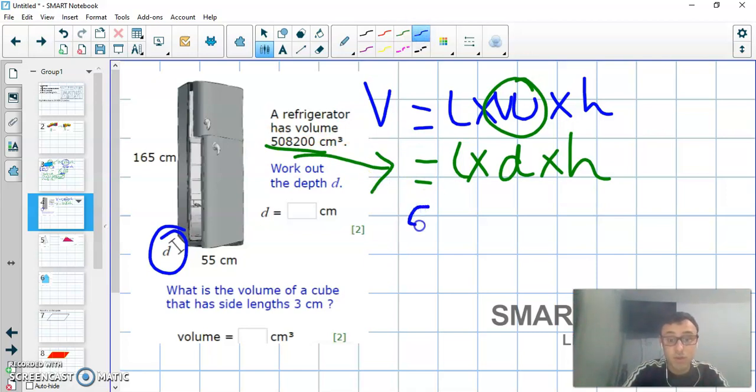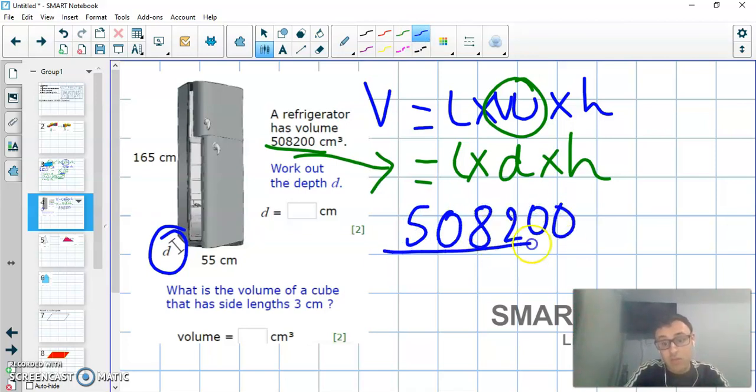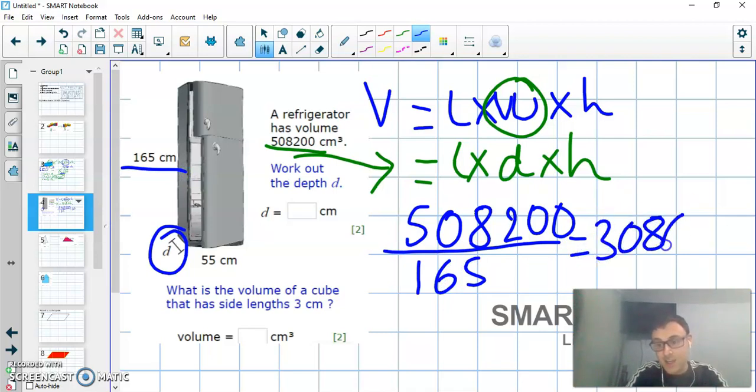So I'm going to do 508,200, and I'm going to divide that by our height, which in this case here is 165. Now off the top of my head, I think that gives me 3,080 centimetres squared.